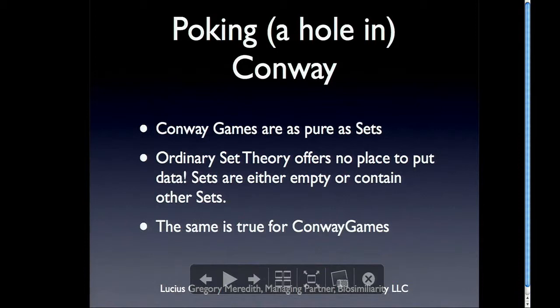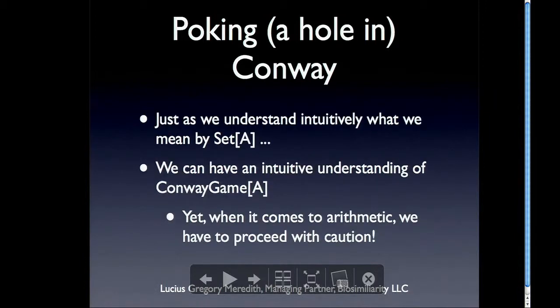Essentially, whenever we poke a hole in set, because Conway is built on top of set, we can poke a hole in Conway. Okay? Now, the crucial point there, though, is that we have to be a little bit careful when we extend this to our arithmetic operations. And the reason we have to do this is monads need a type constructor.